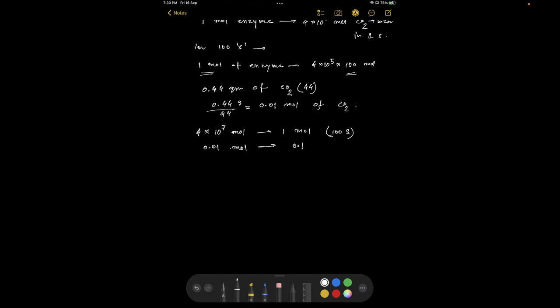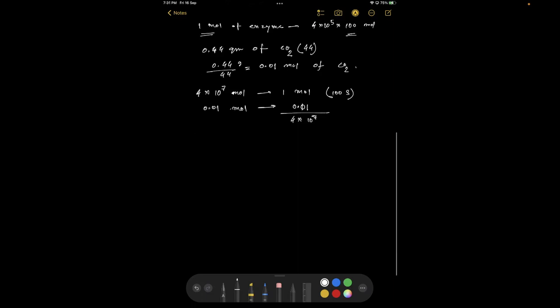So 0.01 divided by 4 times 10 to the power 7, so 2.5 times 10 to the power minus 10 mole of enzyme required.